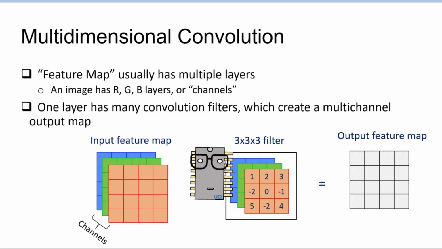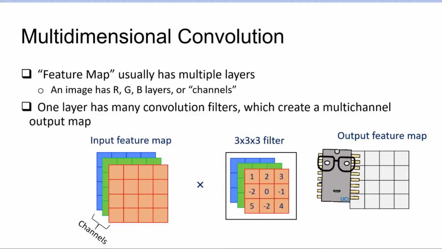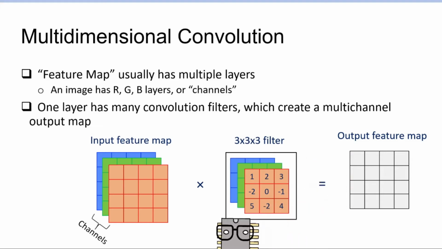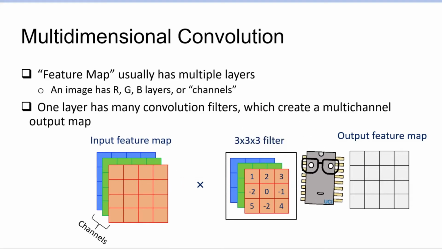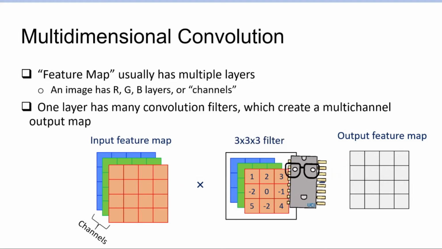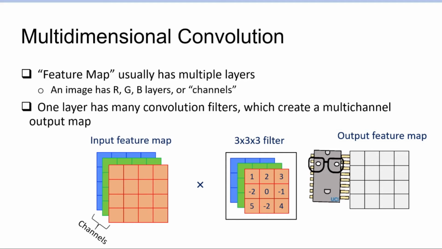And this one filter will emit a single two-dimensional feature map, because this 3x3x3 filter being applied to a single location results in a single scalar value. And this whole thing is sliding through the XY dimensions of the input feature map.